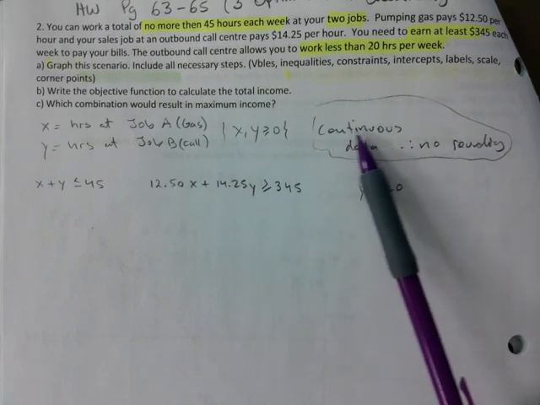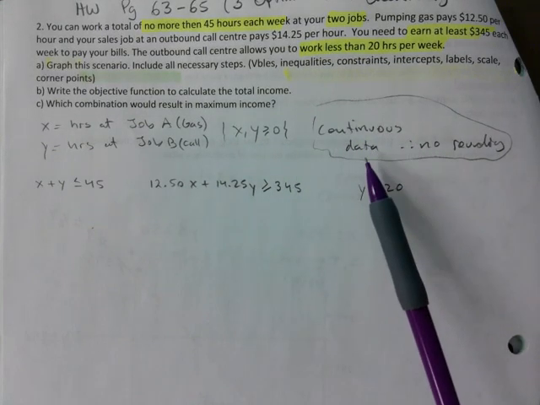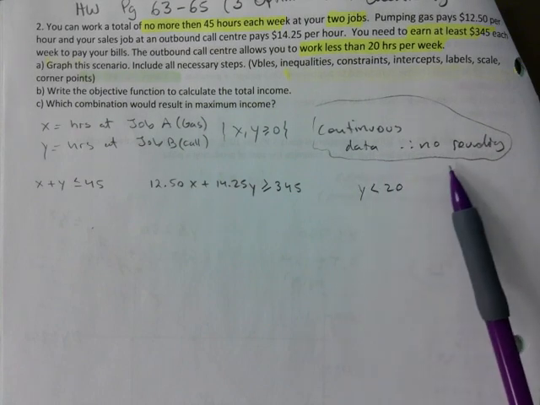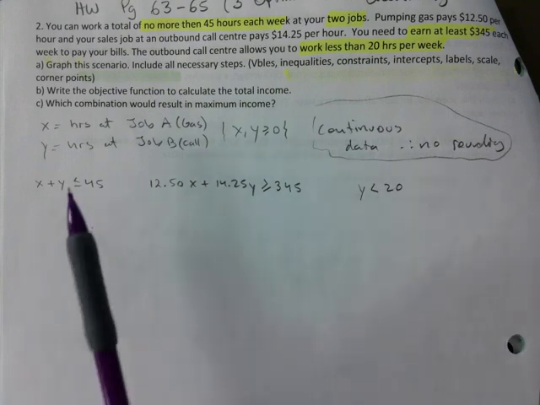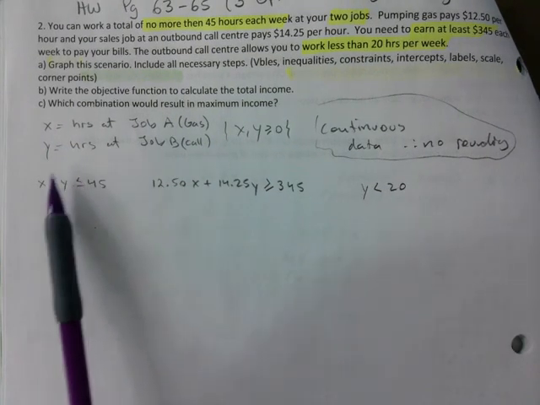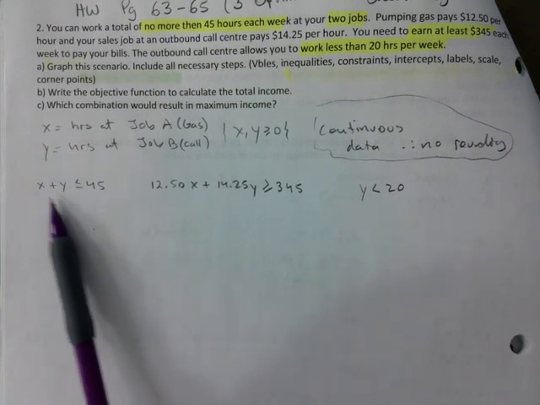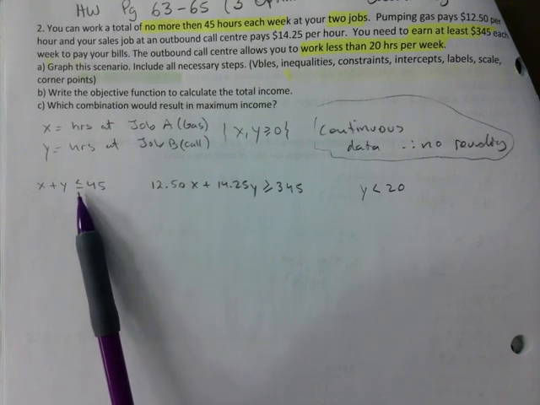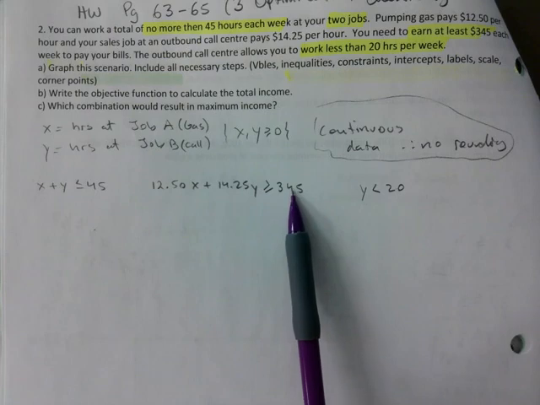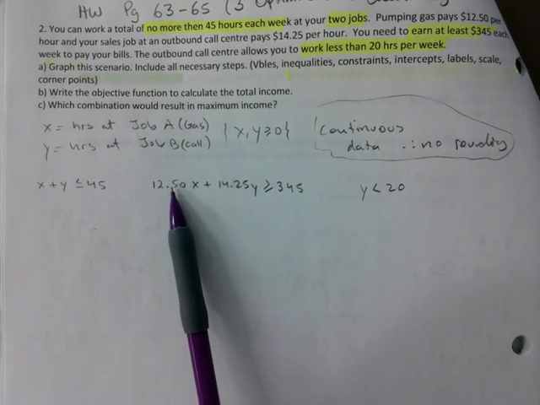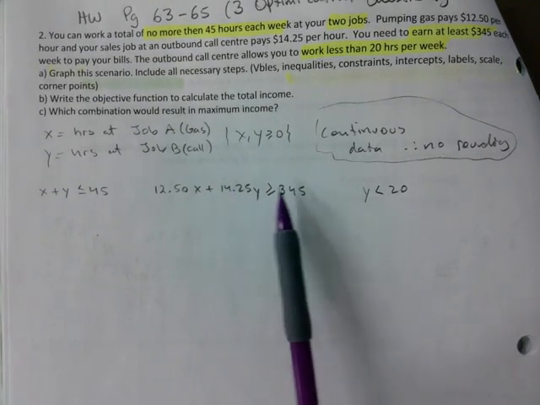And notice that I say continuous data, right? Meaning you don't need to round your POIs. And so this tells you that the hours have to be combined less than or equal to 45. You want to make at least 345 bucks, right? So you make 1250 at the first job, 1425, so it's all dollar amounts.